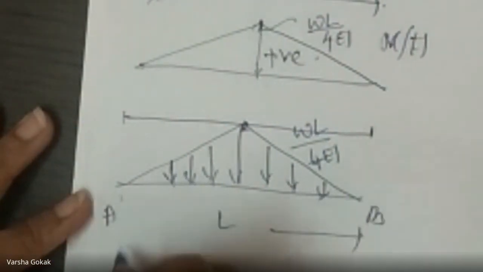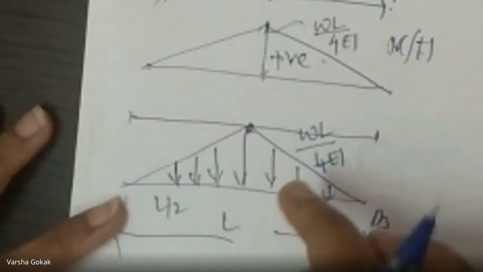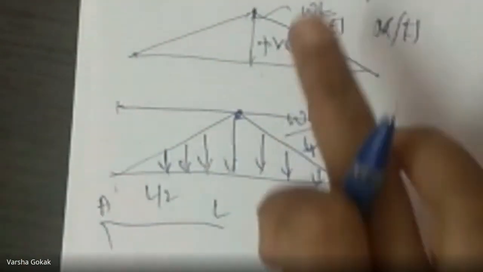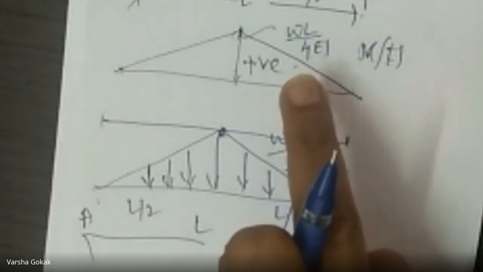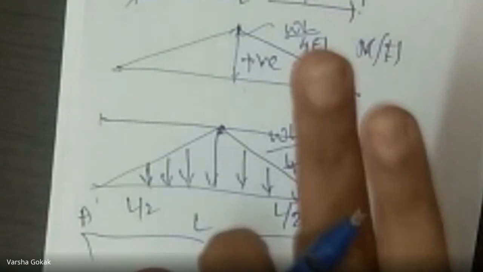This is L entire, this is L by 2, this is L by 2. This is my conjugate beam. Because it is a simply supported beam, your conjugate beam and your regular beam will look the same. Only in the case of a cantilever it will change.